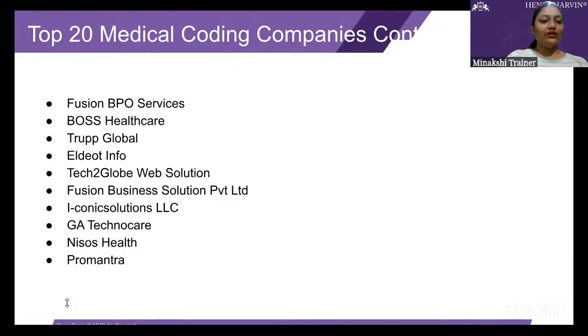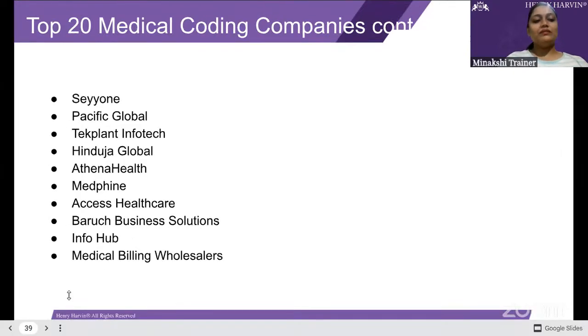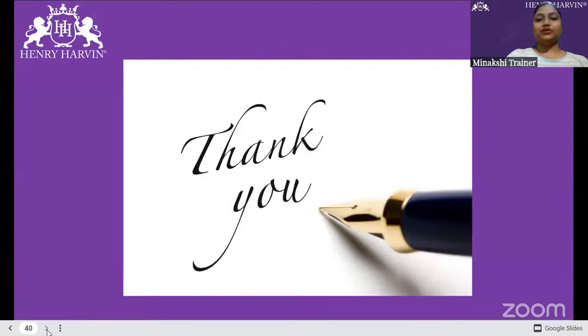This is Fusion BPO, then Fusion Business Solution, GA Technocore, Nissan, ProMantra, Eldoet, Troop Global, Sinnoi, InfoHub, Medafin, Hinduja, TechPlan, Cognizant. These are the top 20 medical coding companies. They will be hiring you once you complete your training with Henry and Harvin Education.